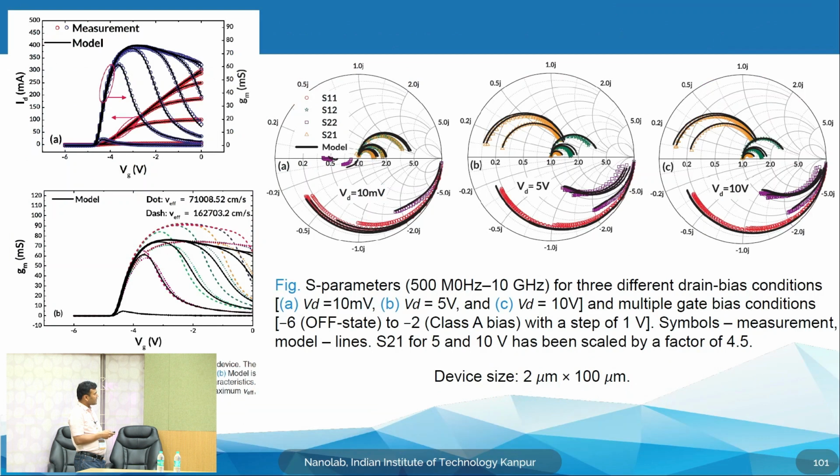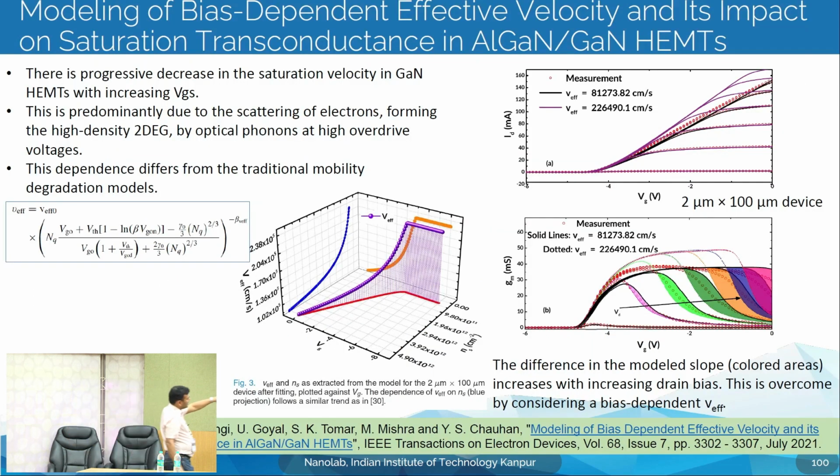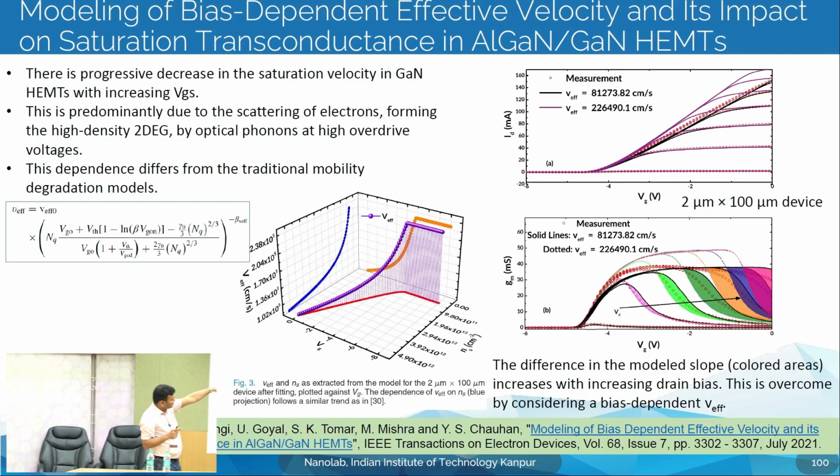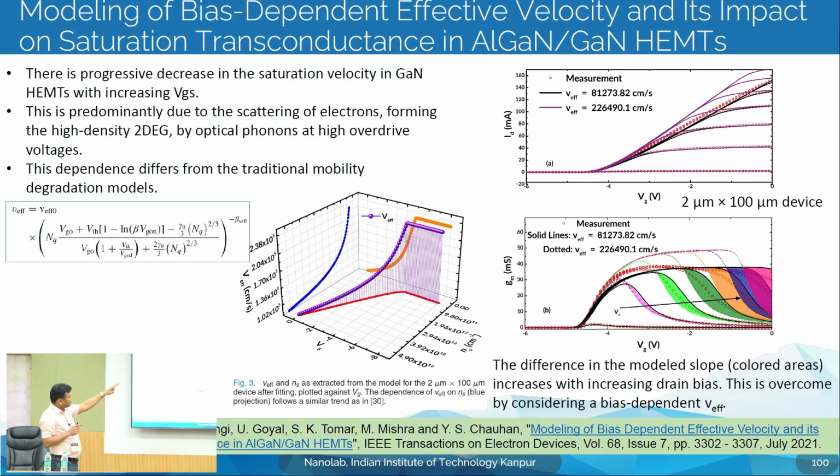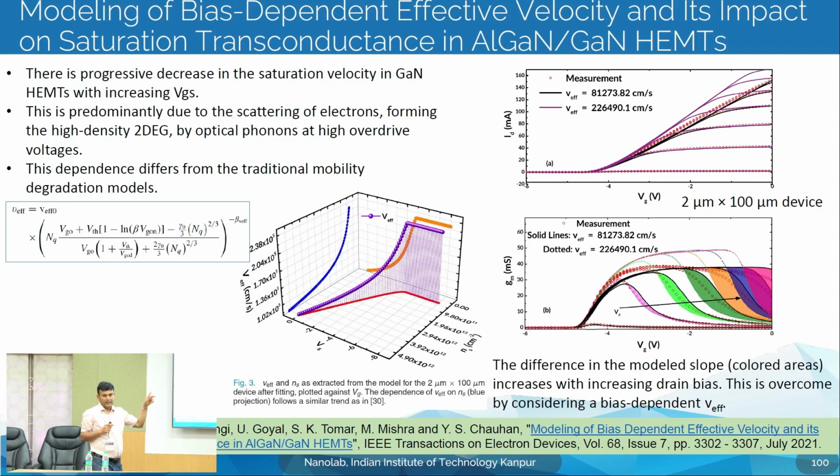Okay. So, this is shown here, how the V effective is changing and how the NS, the charge density, is changing with that. It is shown that if we just use one V effective, it cannot capture the measured data, those symbols which are shown. If you use some value, you can only capture this part or that part, but not the entire bias range, right.